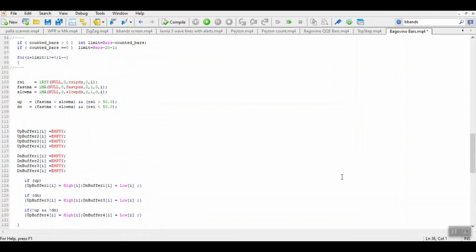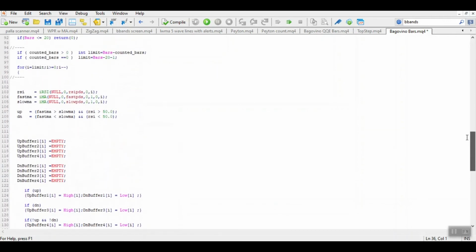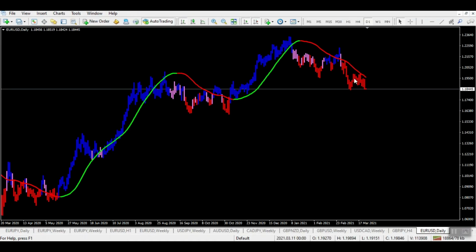And all it does is color the bars. This doesn't send signals or nothing. That's all of it right there. And let me compile this because I took that stuff out. No errors. Okay, so let's get back to it if we can.